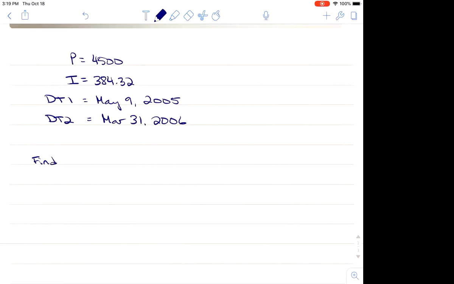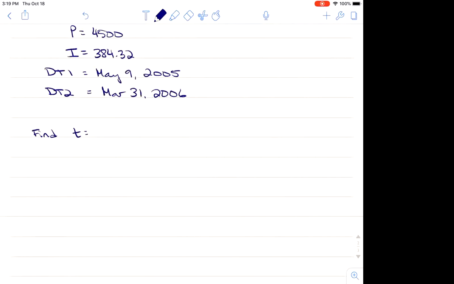So to find T, to show our work using our calculator, we're going to set it up like this: date 1, date 2, and the days between dates. So this is our list. Up above, I like to show the format that we have to enter our dates in: month, month, dot, day, day, year, year.